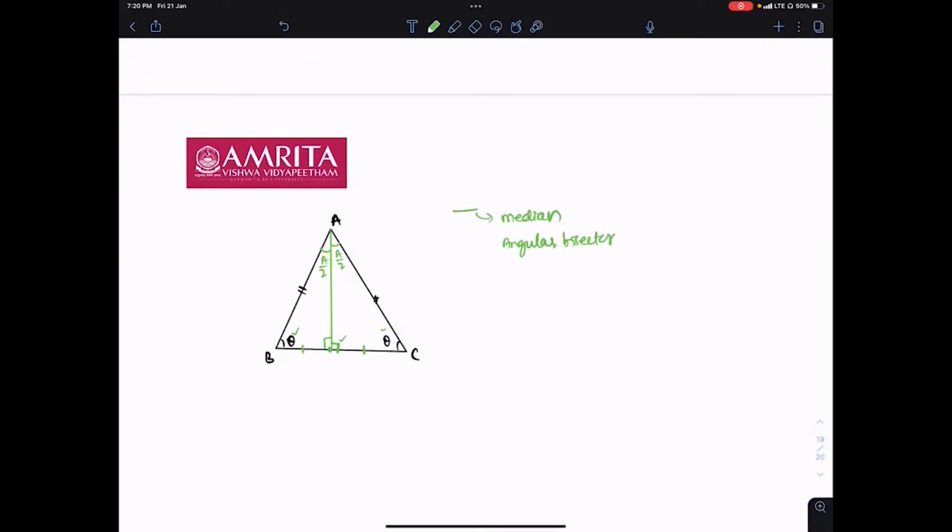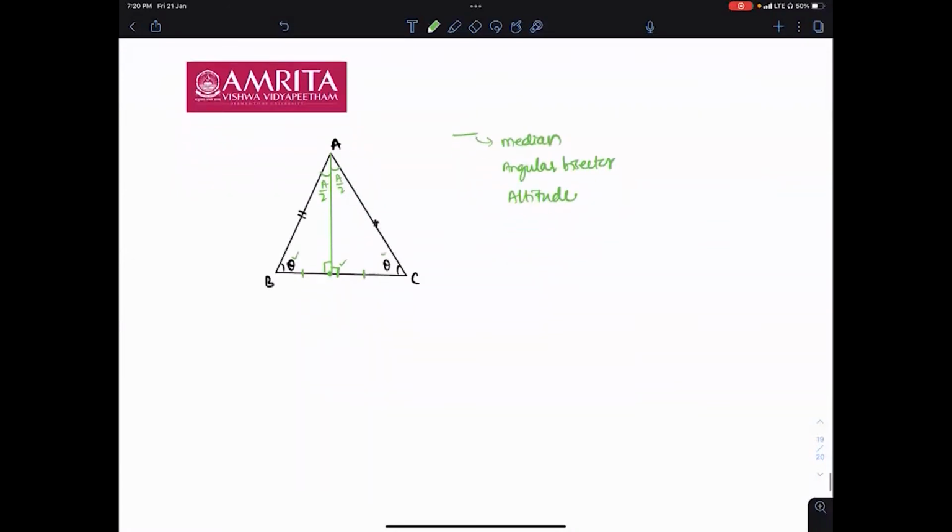And if you look at the green line, it can be seen as an altitude also. So in an isosceles triangle, if you draw from the vertex onto the base, it will be the median, the angular bisector, and the altitude, all three. Fine. That is one point.